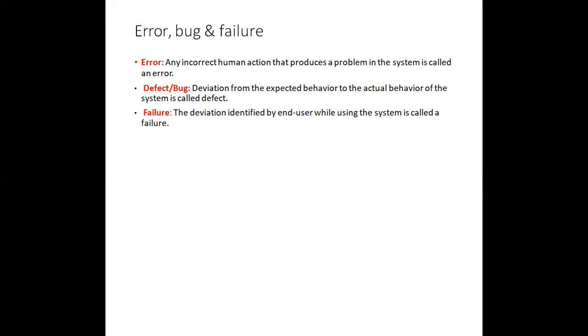An error is the incorrect action of a human that produces a problem in the system. A defect is the deviation between expected behavior and actual behavior.